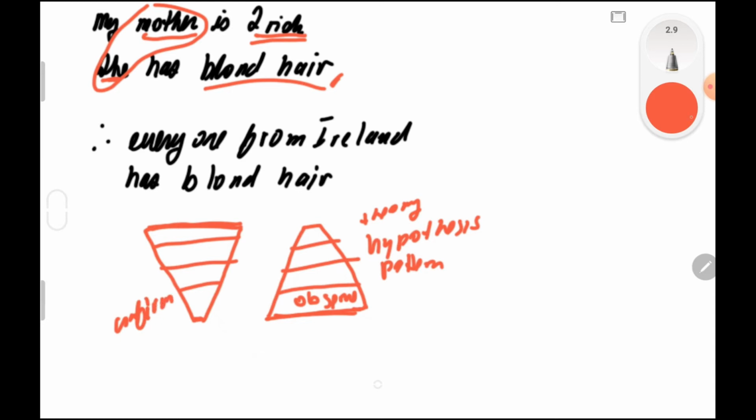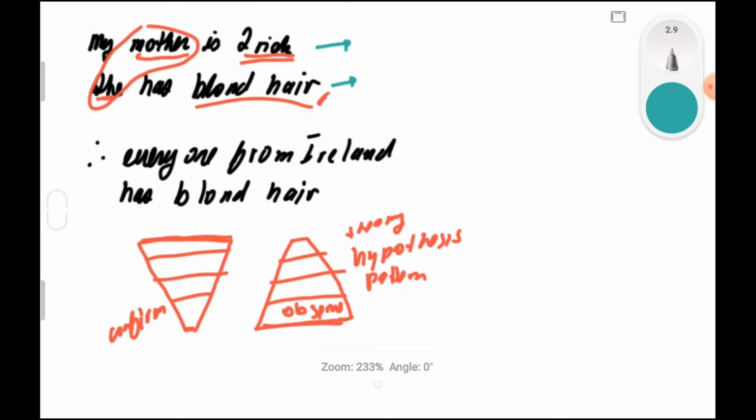So, in this sense, di ba? Ang nauna kasi dito is, na-observe mo yung nanay mo is Irish. Okay? And then she has blonde hair. So, therefore, from this, you did not state facts that are general to both of the premises, wherein ang in-state mo lang is yung observation mo. Kailangan kasi pag deduction dalawang fact, di ba?